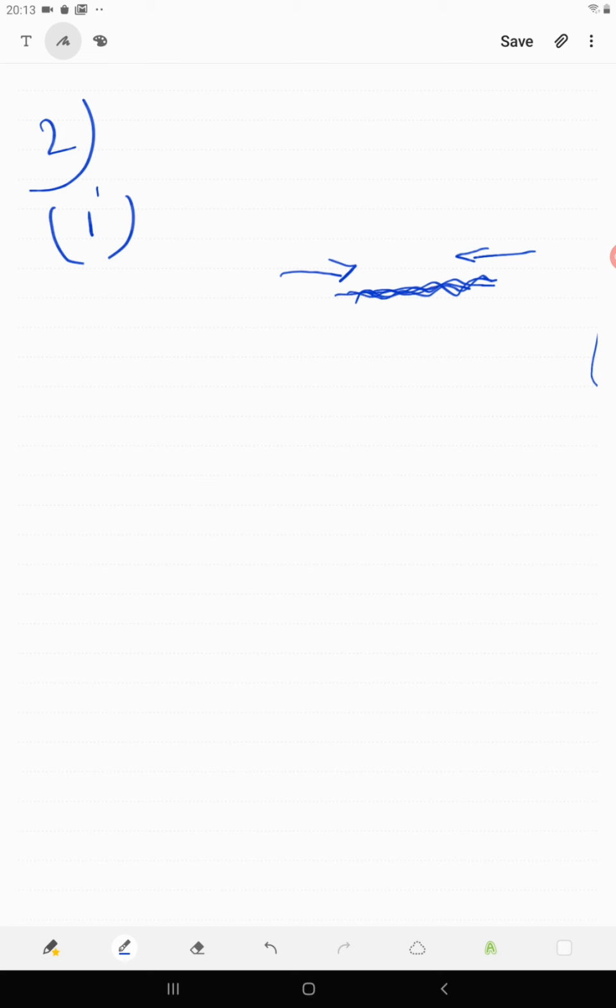So if the river is going north, the boat is coming towards south. So a river has one direction and the boat is in the opposite direction. This type of thing is called upstream. Similarly, downstream is if we are going towards the flow of the river. So if the river is going towards north and the boat is also going towards north, then it is called downstream.